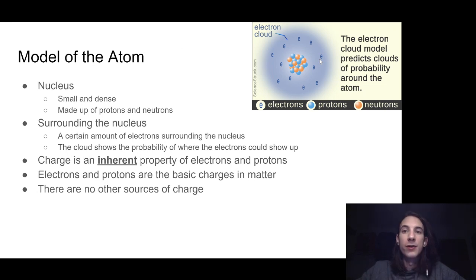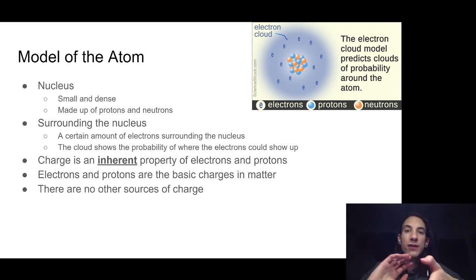So to start off thinking about charge, we have to think about what's actually causing this charge. We've learned in chemistry that every piece of matter in the universe is made up of atoms. In the middle of these atoms, we have the small and dense nucleus made up of protons and neutrons.